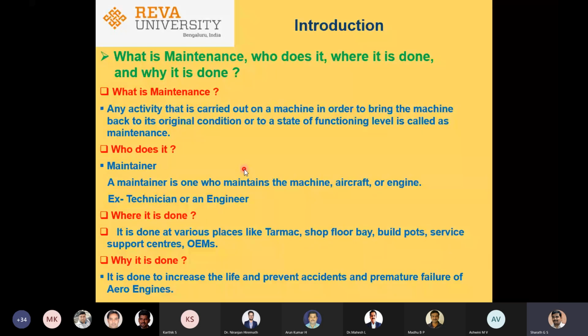At various places like tarmac, shop floors, engine bays, module change workshops and test beds. So various maintenance activities are carried out at various places for various preventive measures. Why is it done? It is done to increase the life and prevent premature failure of the engines.